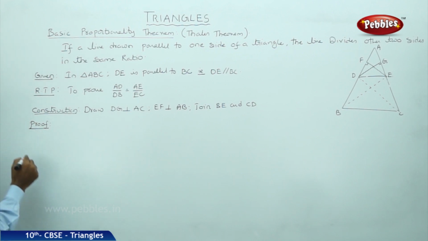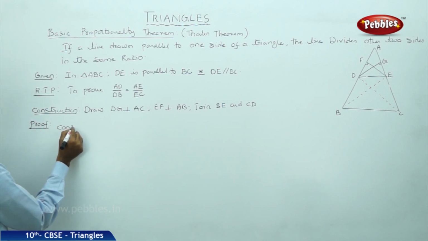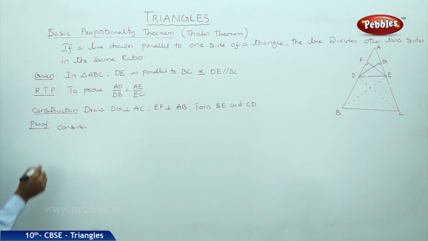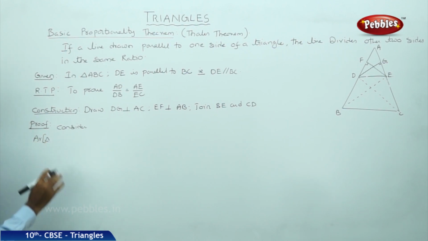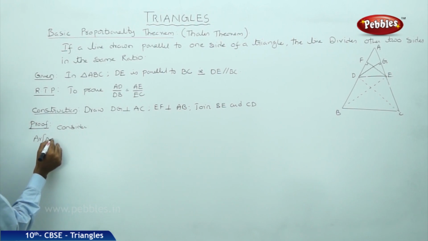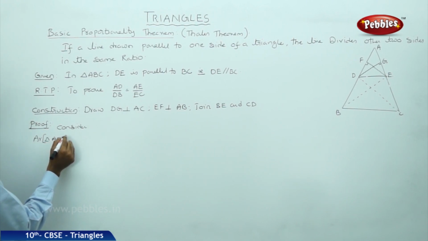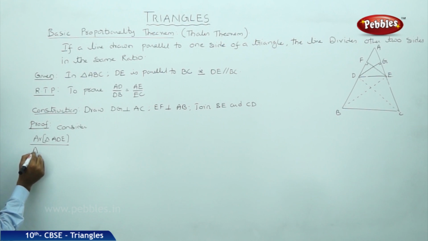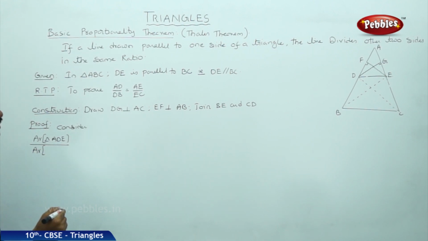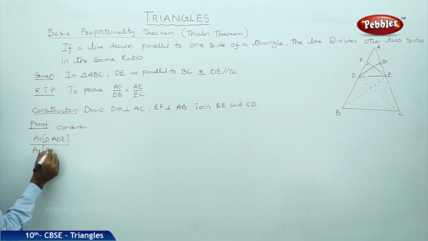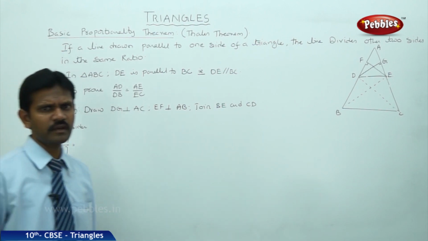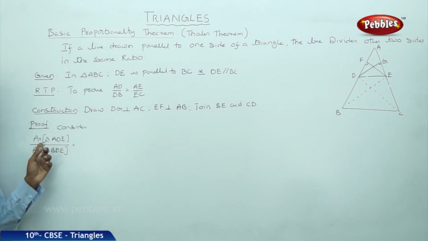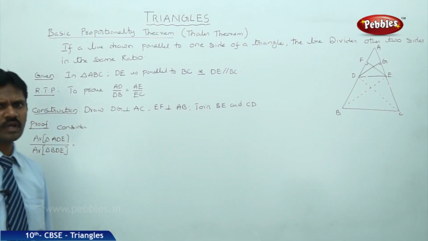Now, proof. Consider area of triangle ADE by area of triangle BDE. We have to find out the area of this one. Area of a triangle we know very well is half into base into height.